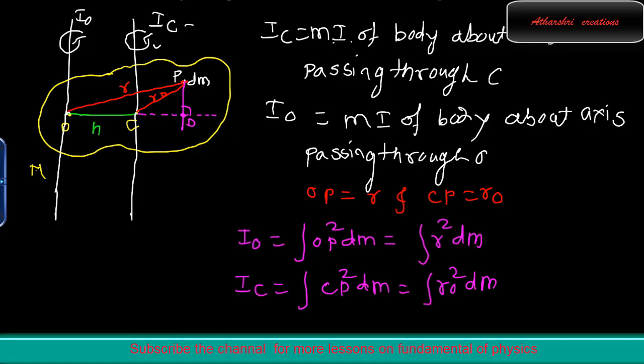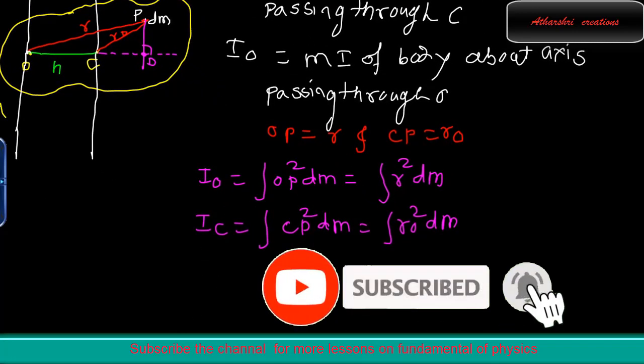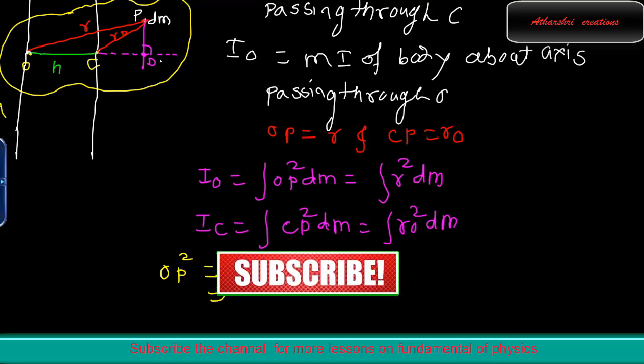Now we have to analyze the geometry of this body. Now see, from the figure, OP square equals OD square plus PD square. But this OD is nothing but OC plus CD.